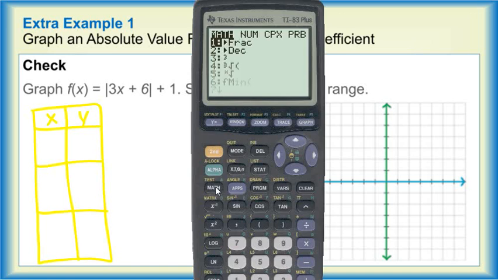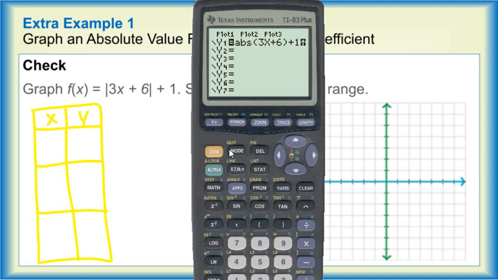So here I'm going to hit the math button, go to numbers, absolute value is number 1. So if I click number 1 and then I just type in 3x plus 6 in parentheses, and then I'm going to have plus 1.